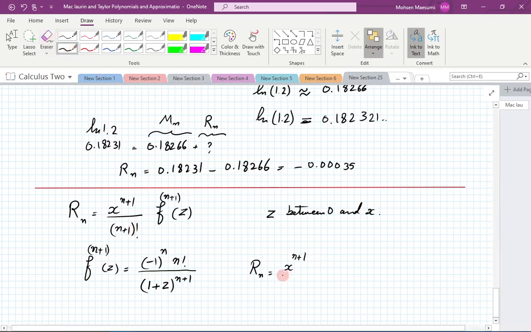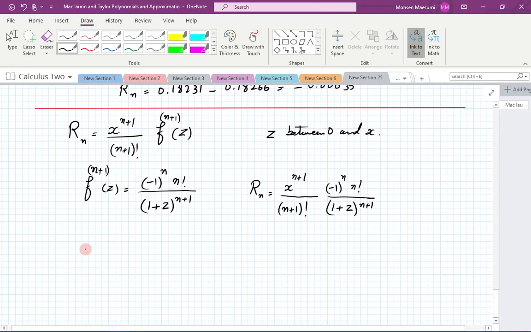The first piece is n plus 1 factorial here. These two terms I just copied through. Now I take this one and copy it here. So I have minus 1 to the power of n factorial over 1 plus z to the power of n plus 1. The calculation is a little bit involved, but I'm sure you can do it.